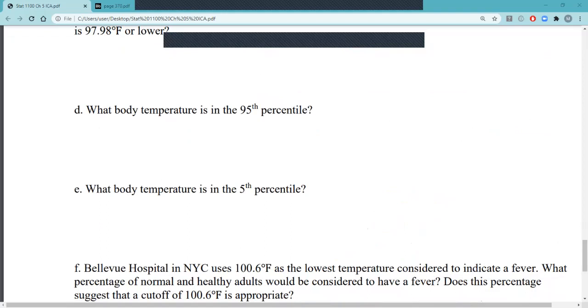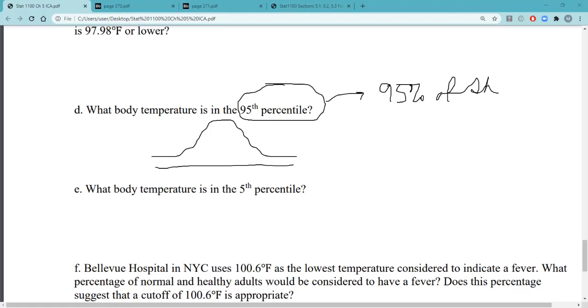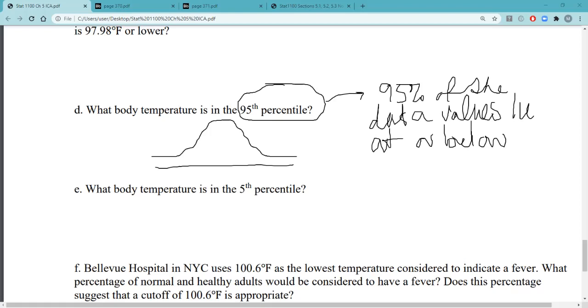I want to know what body temperature is in the 95th percentile. So to be in the 95th percentile, what that's telling us is about 95% of the data lie at or below whatever body temperature we're talking about.